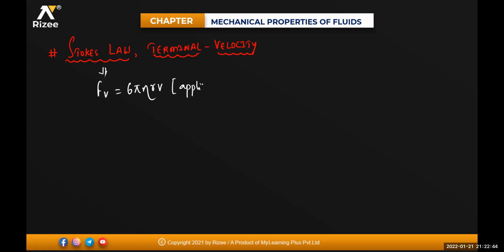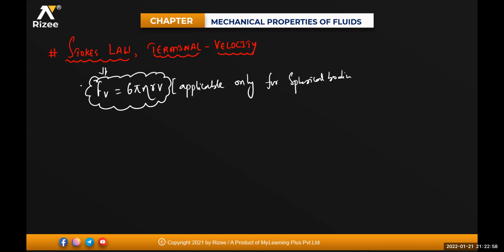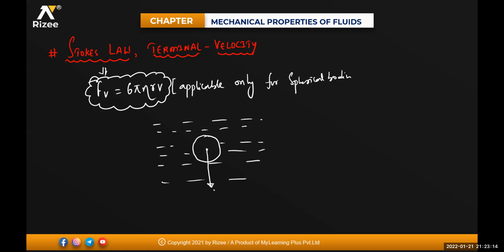Applicable only for spherical bodies. Important formula, beta. Viscous force is equal to 6 pi eta r into V. Like, see, when a spherical drop is moving in some liquid, water or maybe glycerin or anything basically, weight of this body no doubt acts in the downward direction.